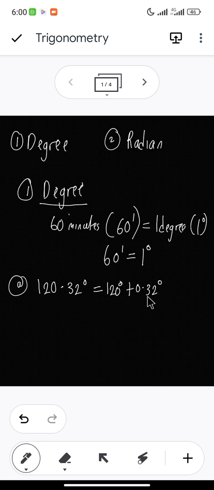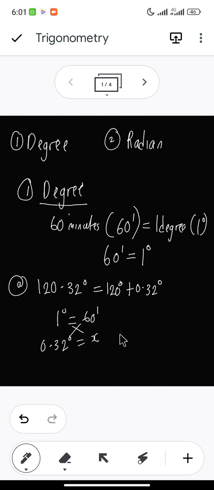So as we said, the decimal part of this angle, just this part, can be converted to time. So we use the standard: 1 degree gives you 60 minutes. That means 0.32 degree will give you x minutes.